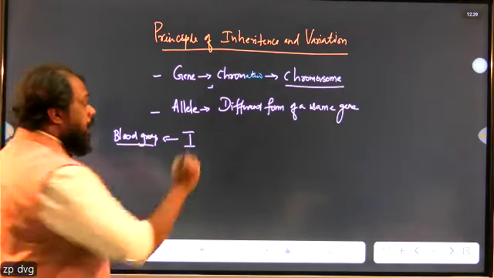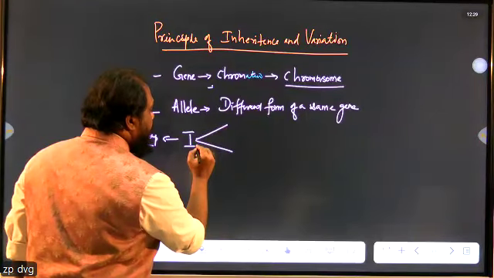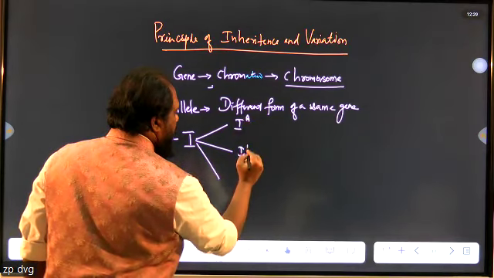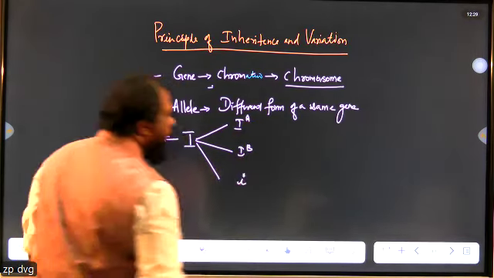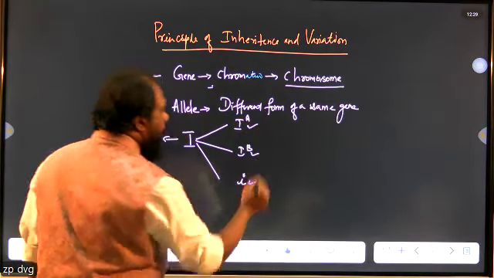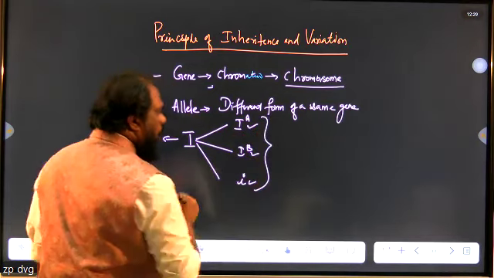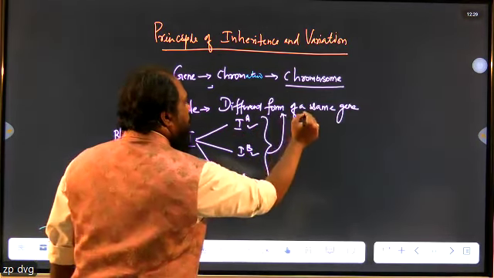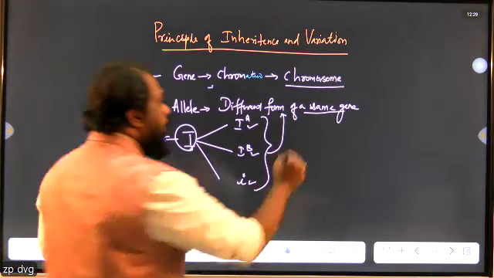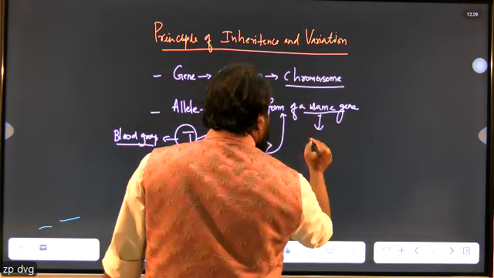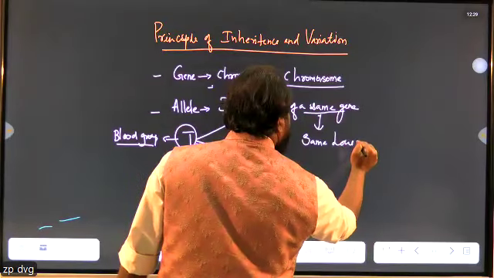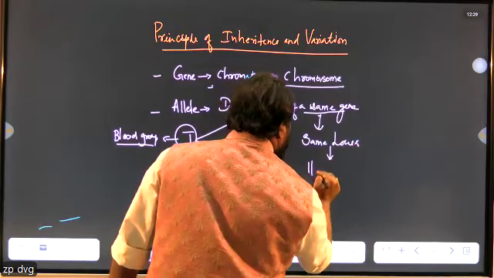Now, this gene I has three different forms, for example, IA, IB, and small i. What are these? IA, IB and small i are different forms of the same gene called gene I. And all of them are present in the same locus of homologous chromosome.